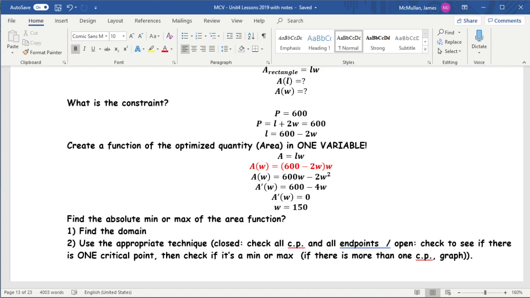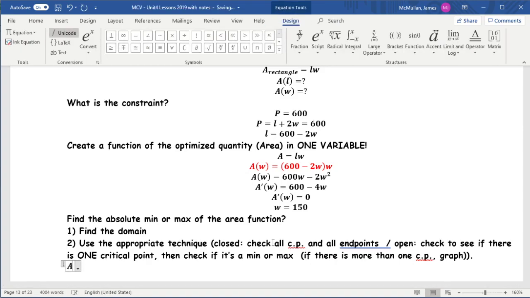So, what is the domain of our function? If we think about the values for width that you could have in this equation, let's look at the area of W function.